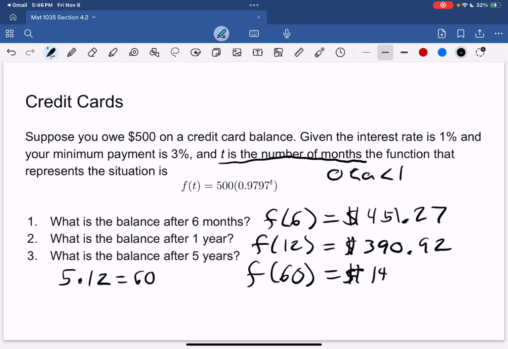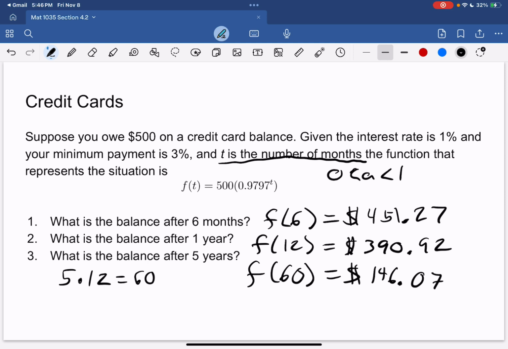Make sure you know that's a dollar sign there and not a 1.